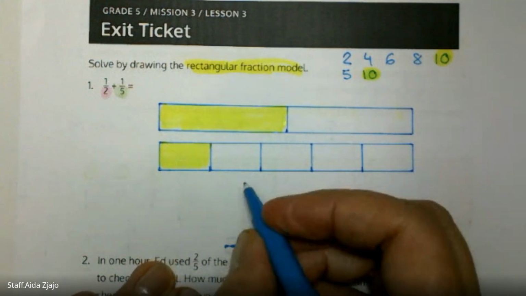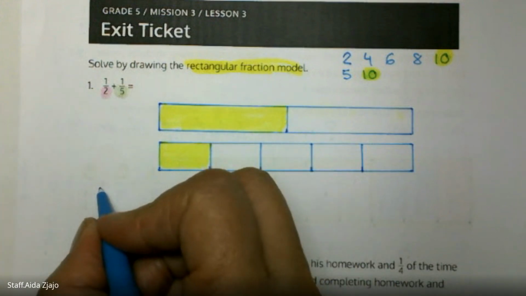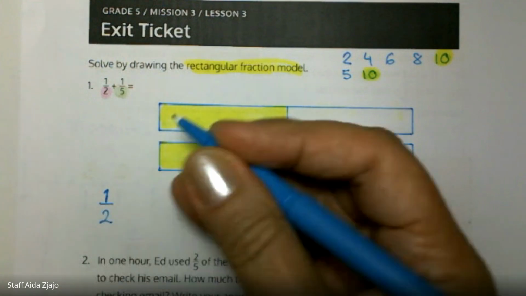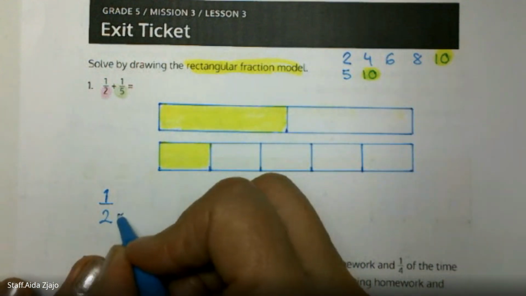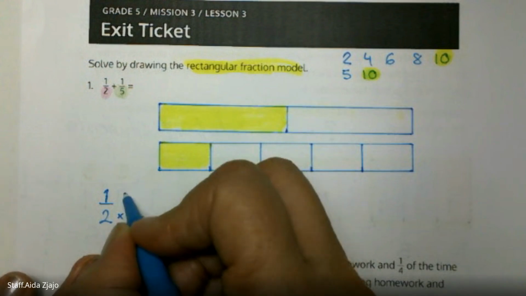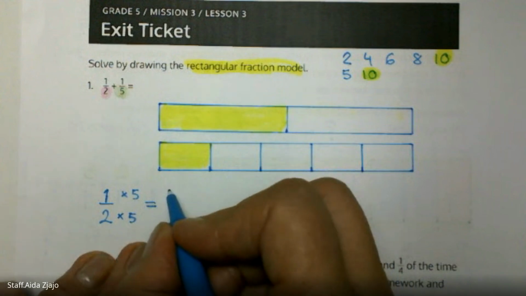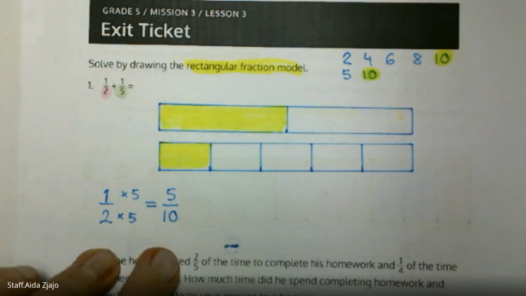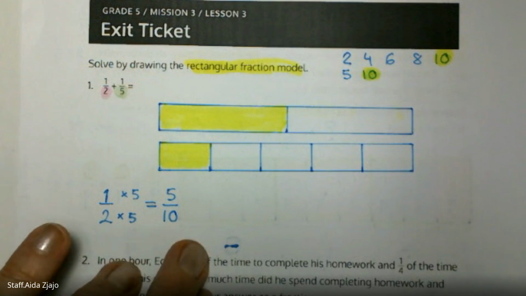Now we're going to do the math sentence. If I have 1/2 and I would like to make tenths, I need to multiply each by 5, and I will get 5 tenths. So if I have a half, I should get 5 tenths for that.